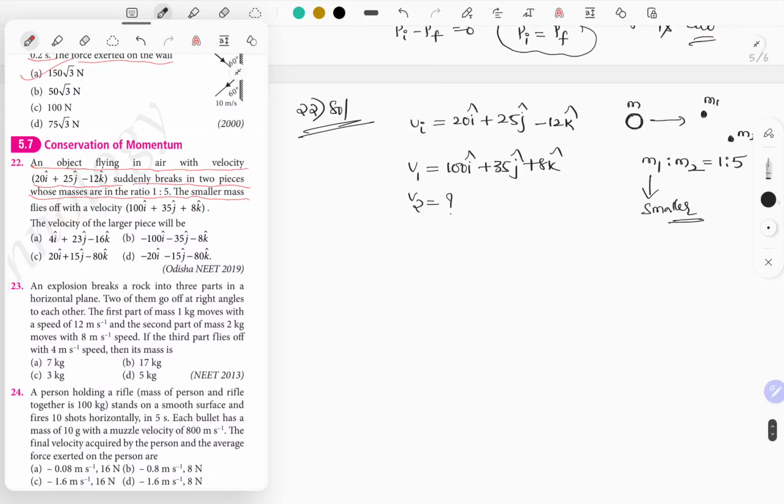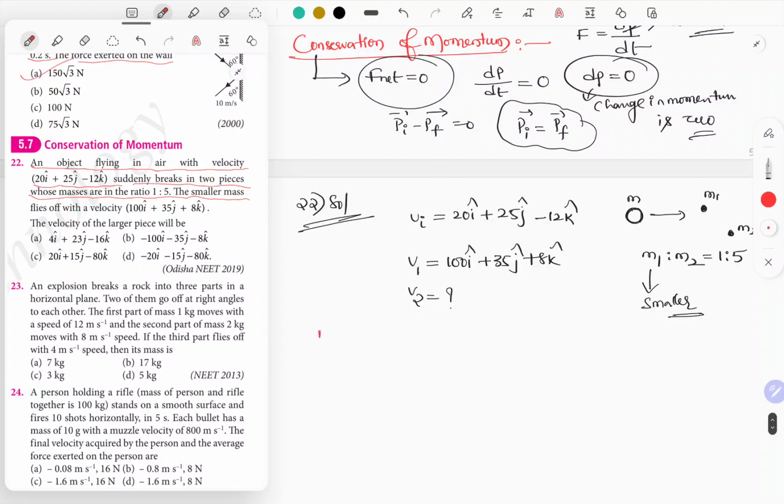Before solving this question, I would like to give you a small note. Whenever, majority of the questions based on law of conservation of momentum will be based on explosion of a particle. So if any particle is exploded, is it exploding because of its internal forces or because of external forces?